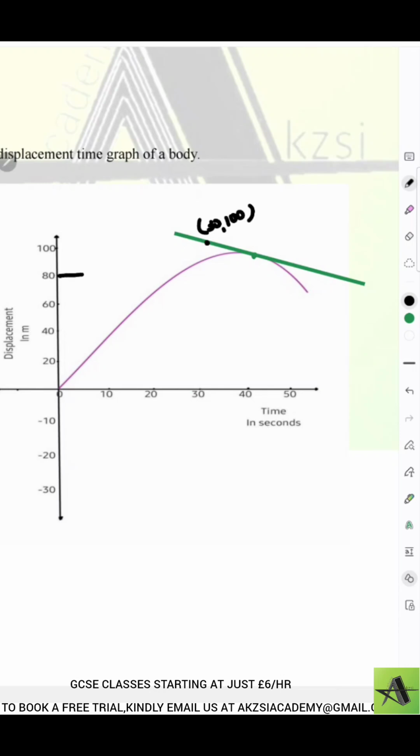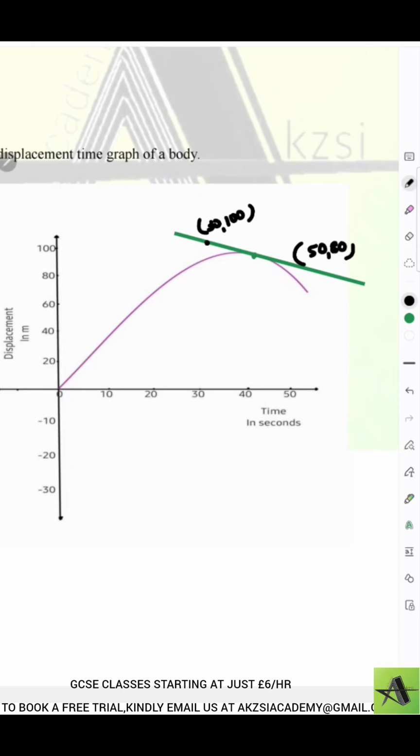If I draw a straight line like this, where it's touching the curve, and then draw a straight line downwards, it approximately gives me 50. So we can say our point B is 50, 80.